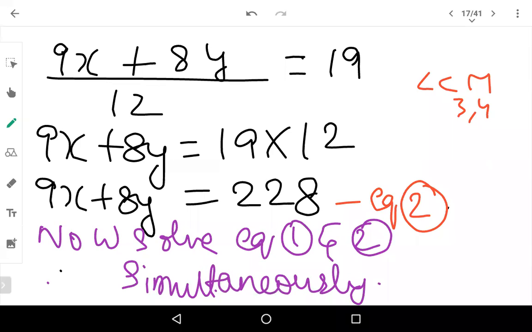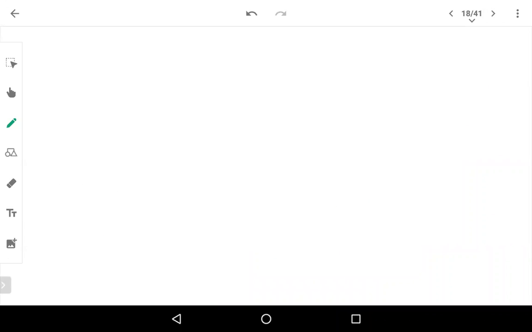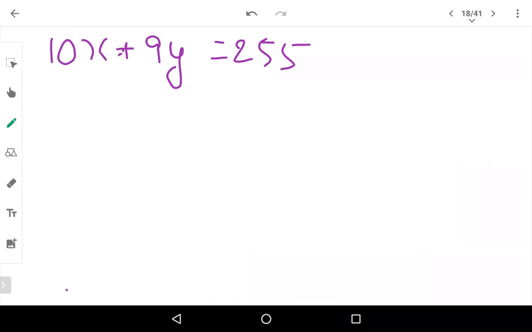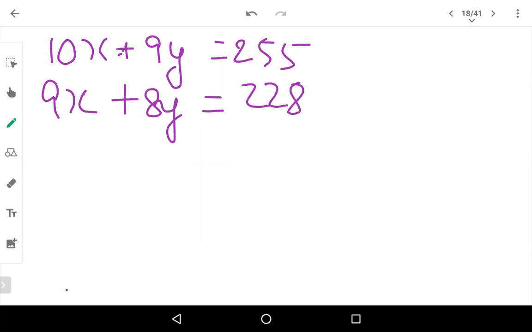Okay, now let us consider both the equations. What is equation number 1? 10x plus 9y is equal to 255, and 9x plus 8y is equal to 228.